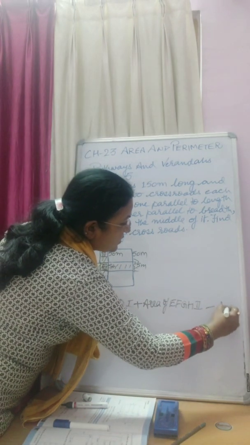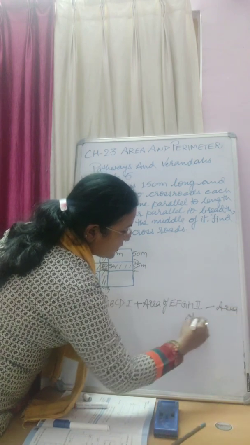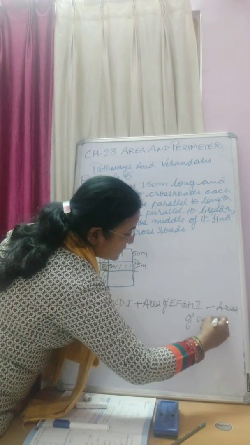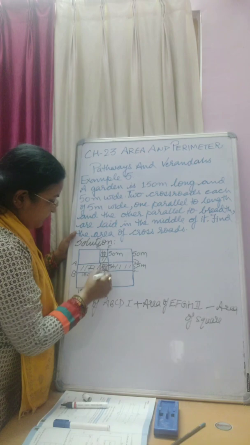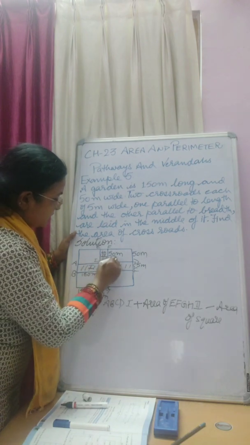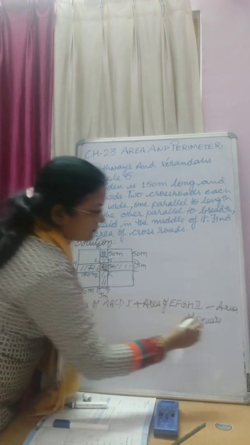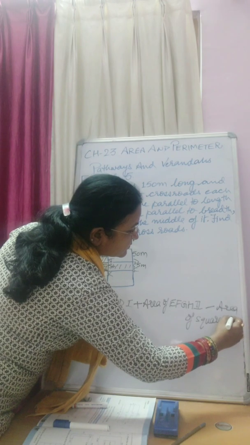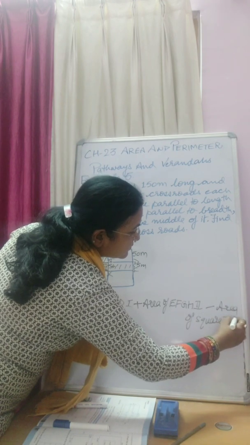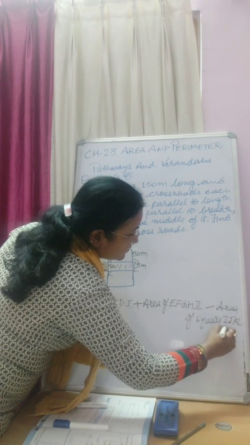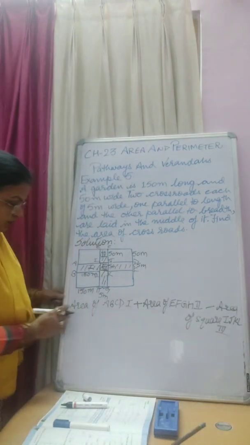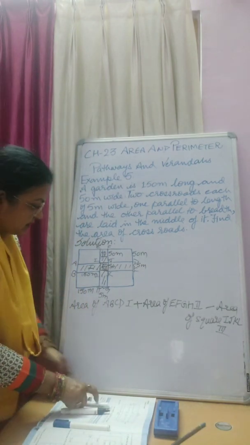Give it the name IJKL, the third figure. Now what would be the area of ABCD?